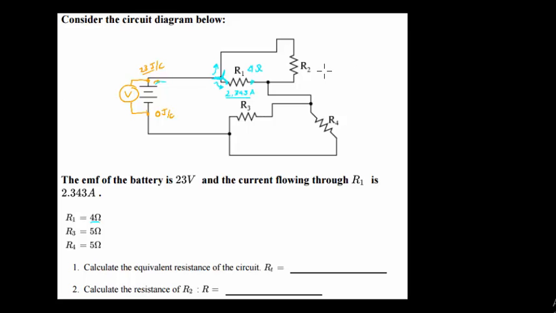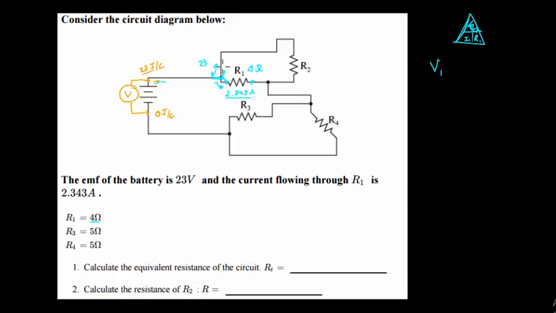So I'm working with resistor 1, so I'm going to work with my ratio triangle and say, well, current in 1 is voltage over resistance. So I want voltage, so I'm going to say voltage. Now what is voltage? It is literally saying how much energy R1 is going to use. So when the coulombs get here, they've got 23 joules.